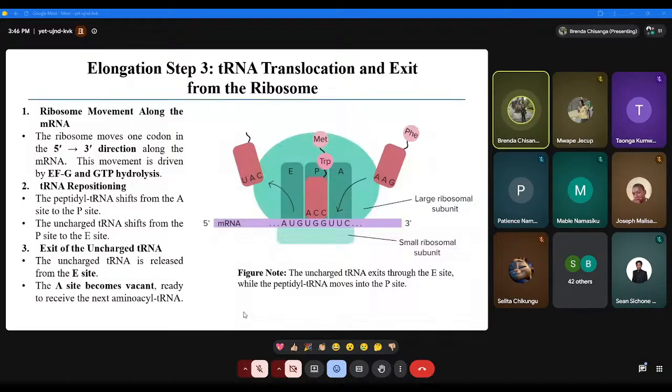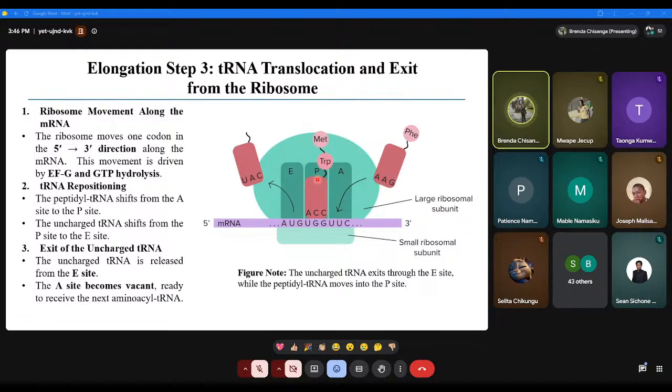So this is just an illustration of what is going on there. You have the ribosome has translocated, meaning it is moving from the 5' end of the mRNA towards the 3' end, moving codon by codon.